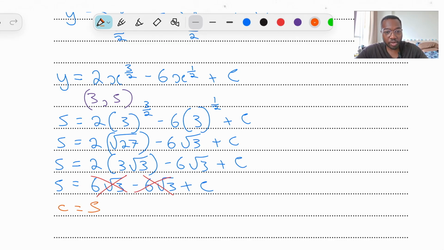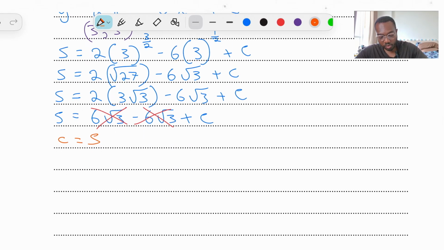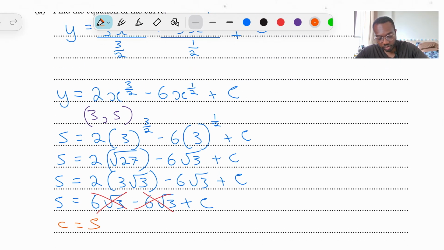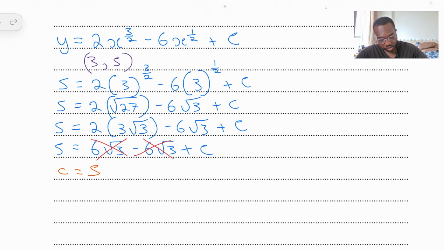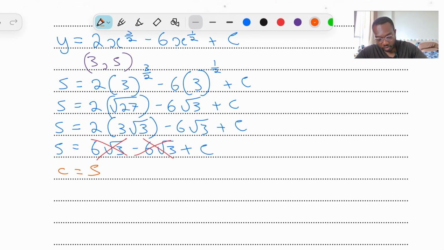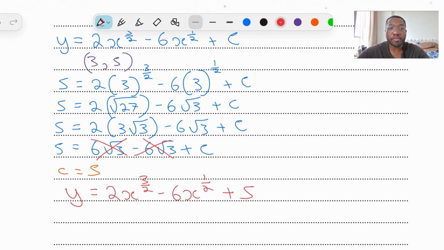And if we know c is 5, then we know what the equation is, because we just put it back into the equation for y. So y is equal to 2x to the 3 over 2 minus 6x to the half plus our c value, which we now know is 5.